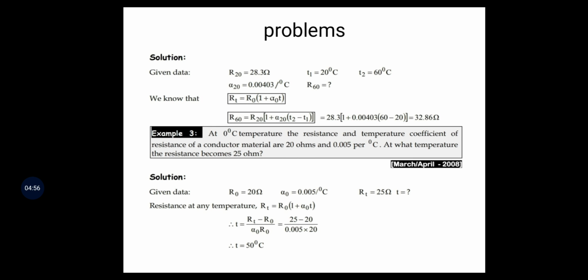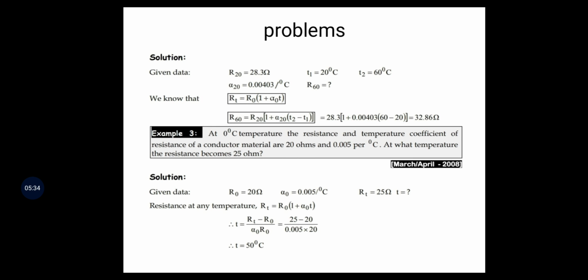Here RT equal to R naught into 1 plus alpha naught into T. R60 equal to R20 into 1 plus alpha 20 into T2 minus T1, that equals 28.3 into 1 plus 0.00403 into 60 minus 20.